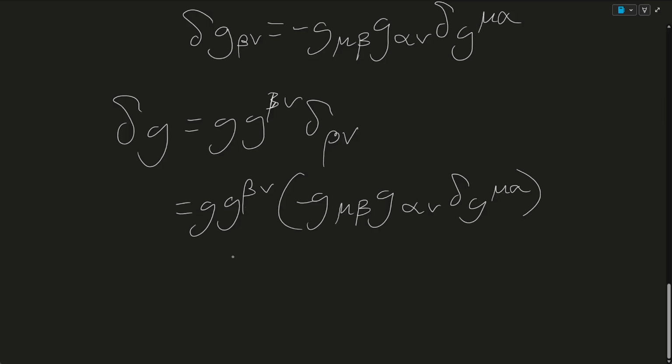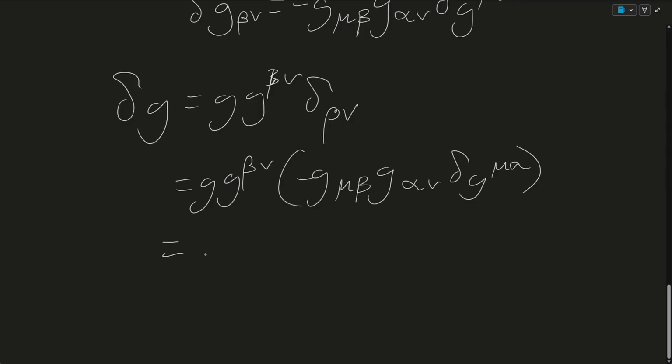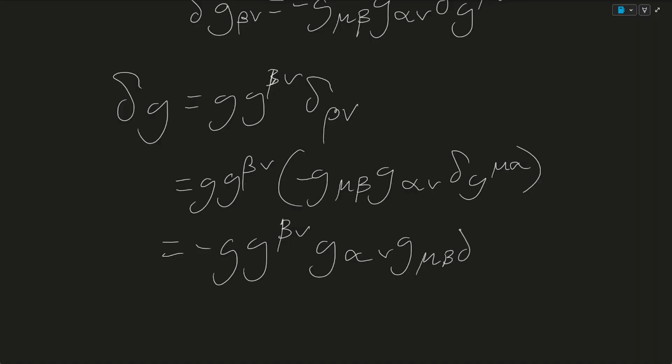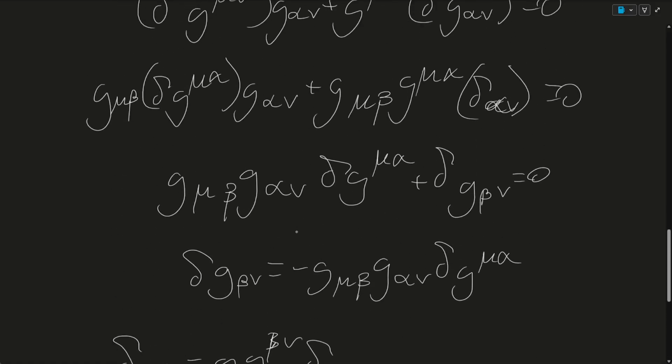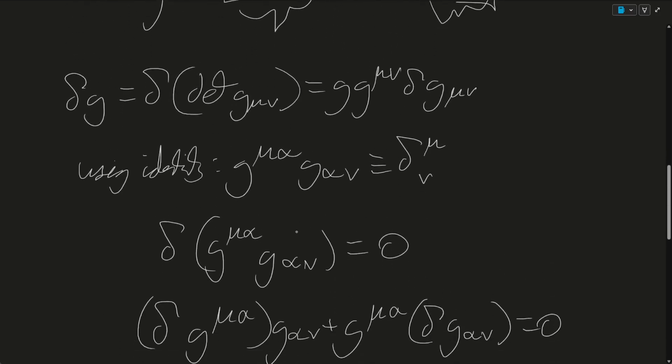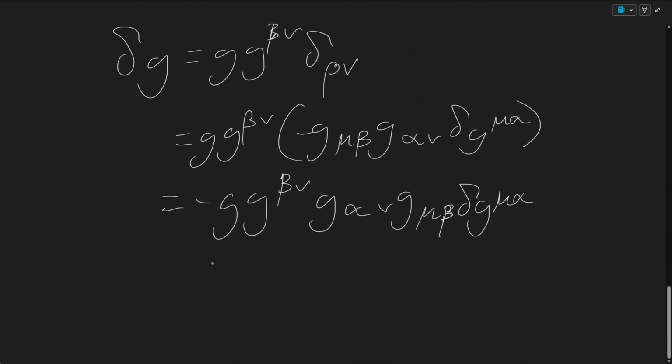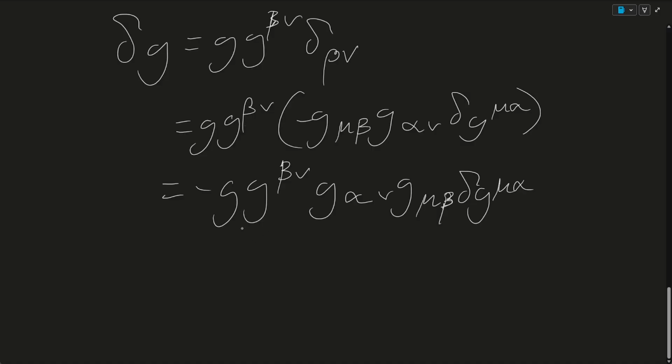Once again, upon expansion, which I will probably do, beta nu, I'm going to write it this way, mu beta delta g to the mu alpha. We can see that part again, using our identity above, simplifies down to just delta sub alpha to the beta.